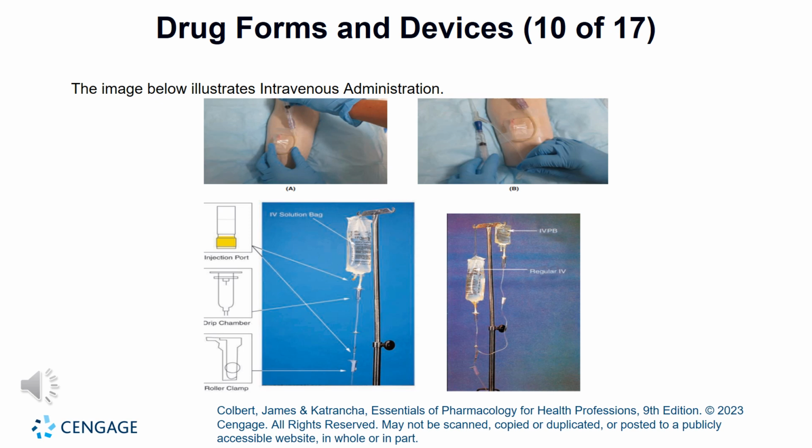IV infusion or IV drip is your large volume of fluids. Usually drugs are added and they infuse continually into the vein, and you see this in figure 4-2C. Figure 4-2D is showing the IV piggyback. This is the drug that's diluted in a moderate volume, with intermittent infusion at specified intervals.